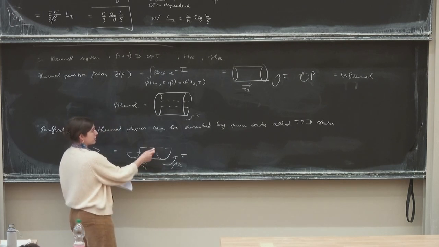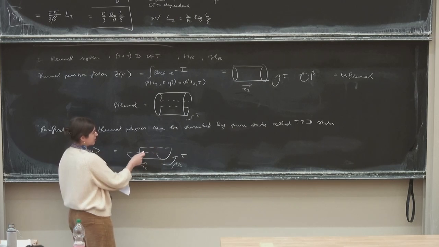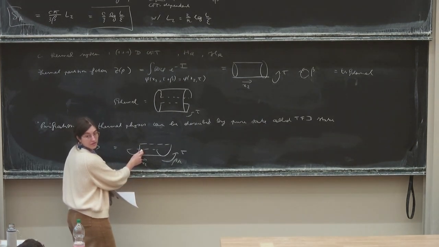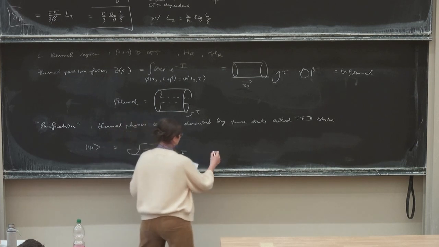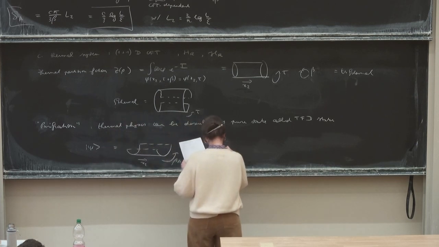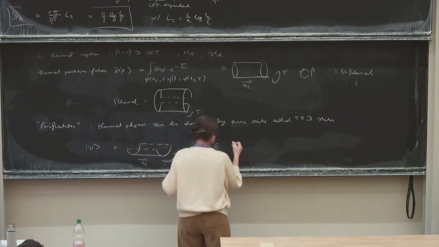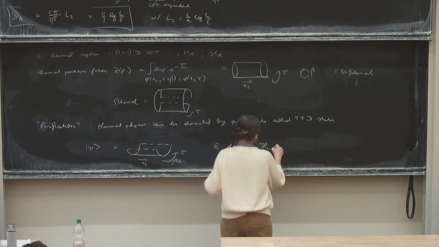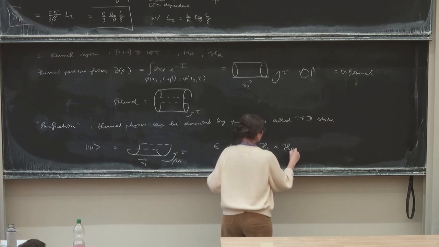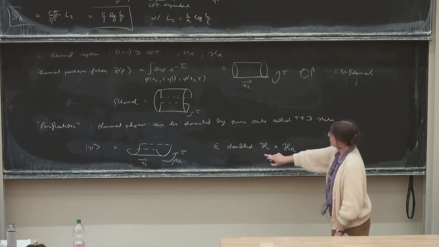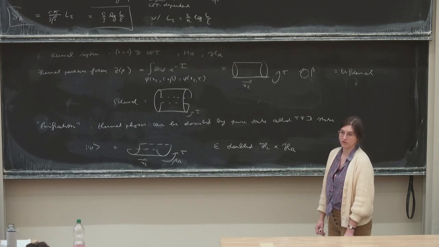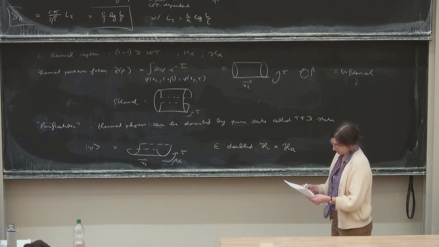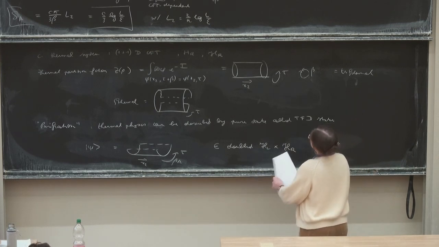One is where the original right Hilbert space was, and here is where there's now a new copy called the left Hilbert space. So this state lives in an extended or doubled Hilbert space, which we now call the right times the left Hilbert space. Okay. I'll make that more clear now.